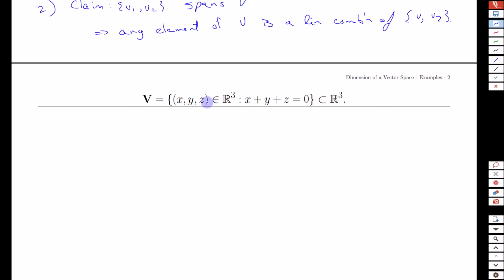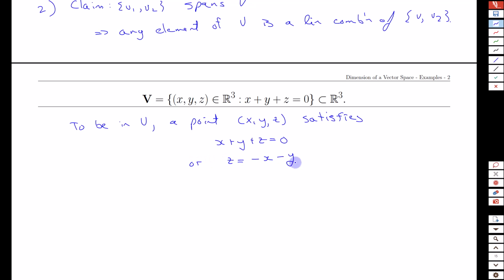So what would that look like? Well, to be in v, a point x, y, z satisfies x plus y plus z equals 0. So it's an element of R3, but it has this extra condition on it. But that also means, or we could rewrite it as z equals negative x, negative y.